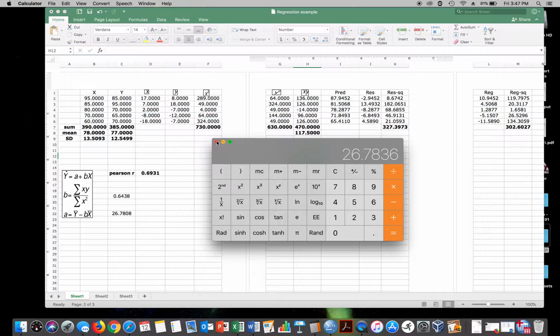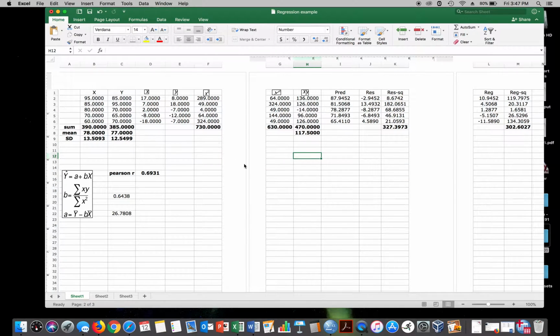And so now I have everything I need in order to make a prediction. So, for example, if I want to know if I have a score of 95 on disordered eating, what am I likely to get as a predicted score? It's not going to be perfect, but we know that y equals the beta weight times x plus the intercept.